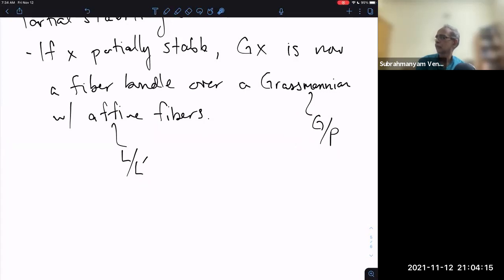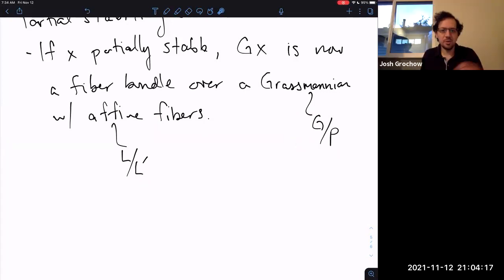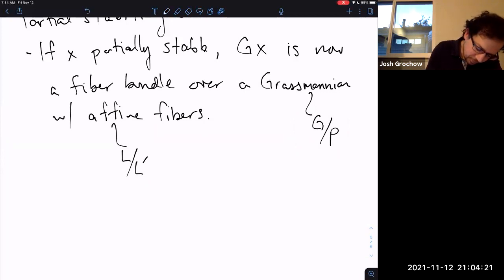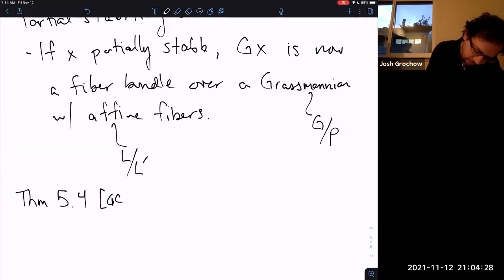So this gives some nice structure to this orbit. If you want the precise reference, it's theorem 5.4 in GCT1.